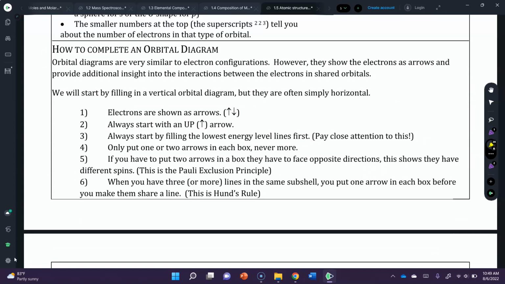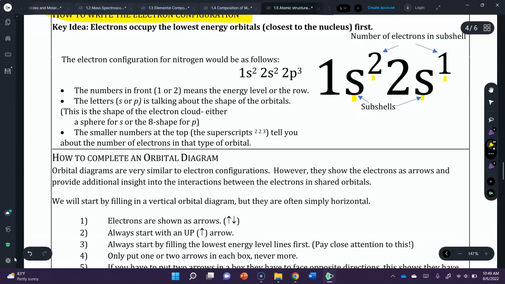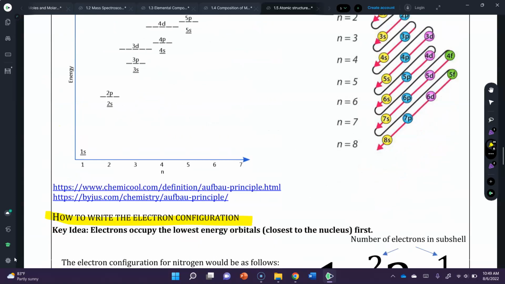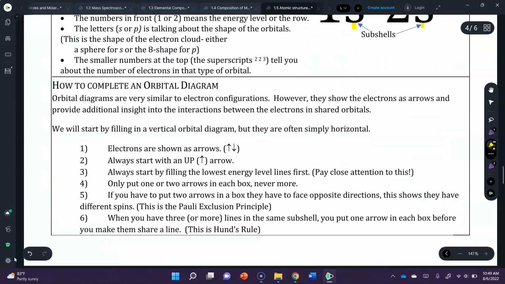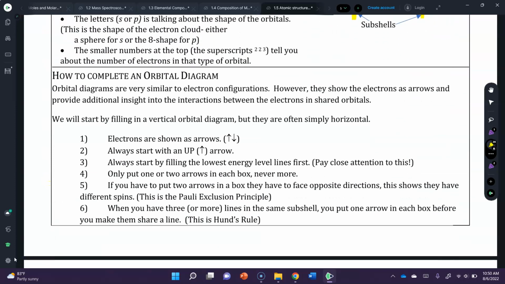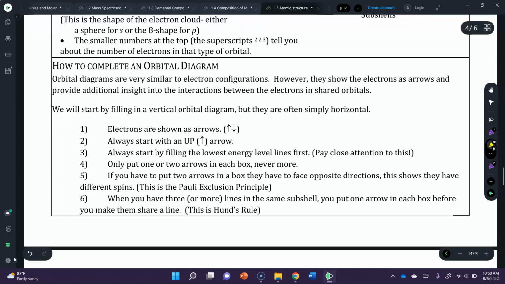Orbital diagrams are very similar to electron configurations. However, they show the electrons as arrows and provide additional insight into the interactions between the electrons in the shared orbitals. We will start by filling orbital diagrams, but they are often simply horizontal. So usually it's just straight linear, just because it's easier to write that on a piece of paper and not take up the whole page.